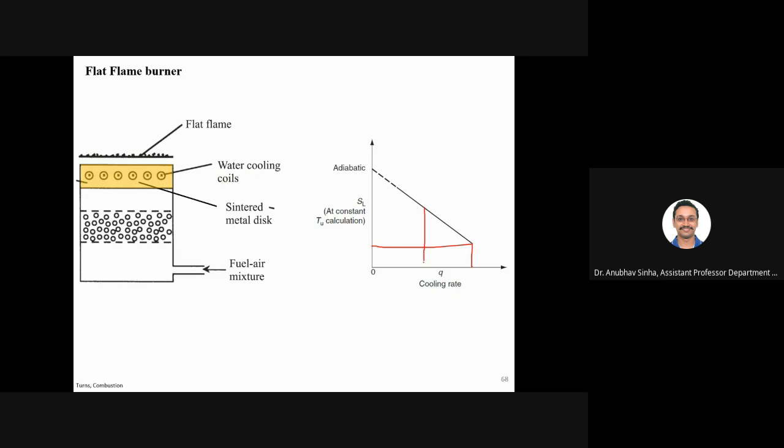At another cooling rate, I will measure another flame speed. We have two different values of flame speed. Now I keep on changing this cooling rate and I get different flame speeds. Ideally, theoretically, what I need is an adiabatic flame, where the cooling rate is 0.